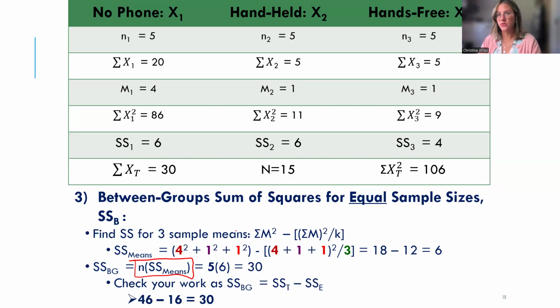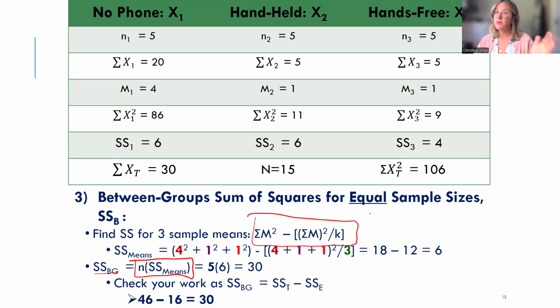So again, like I told you, I'm only going to give you equal sample sizes. A lot of times students calculate the sums of square means, and they assume that's the sums of square between group. But if you'll notice, here's the equation: we have to calculate the sums of square means first.